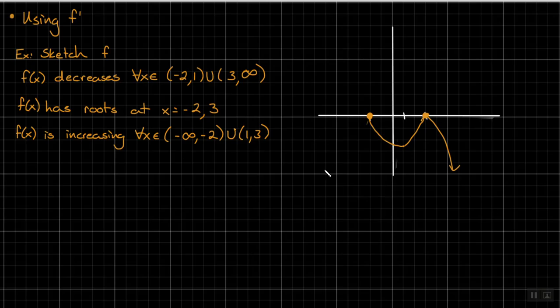It increases from -infinity to -2. So maybe it does something like this. I don't know how it's increasing. But then it turns here, still decreases, and then we just replace that little orange section that I just drew with the green instead. We just replaced that one little spot that needed fixed. Do you guys agree that this is kind of a nice graph? It's not super detailed, but it's enough to sketch the function, right?